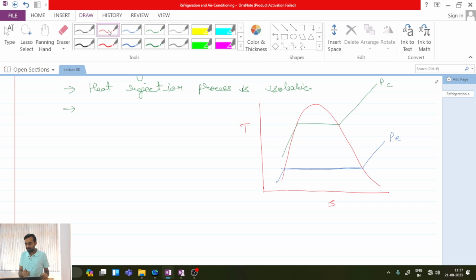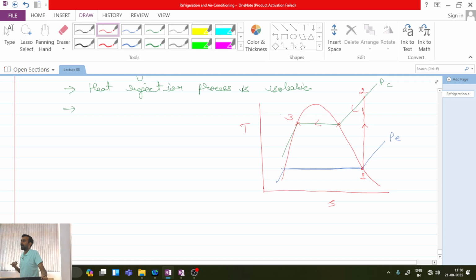My compression process should start from which point? This point, saturated vapor state. Isentropic compression will take place up to point 2. Then from here I will start removing the heat. So when I remove heat, initially the temperature will keep on decreasing along the constant pressure line. It will come up to saturated vapor state. Then at saturated vapor, phase will change and I will be reaching to point 3.